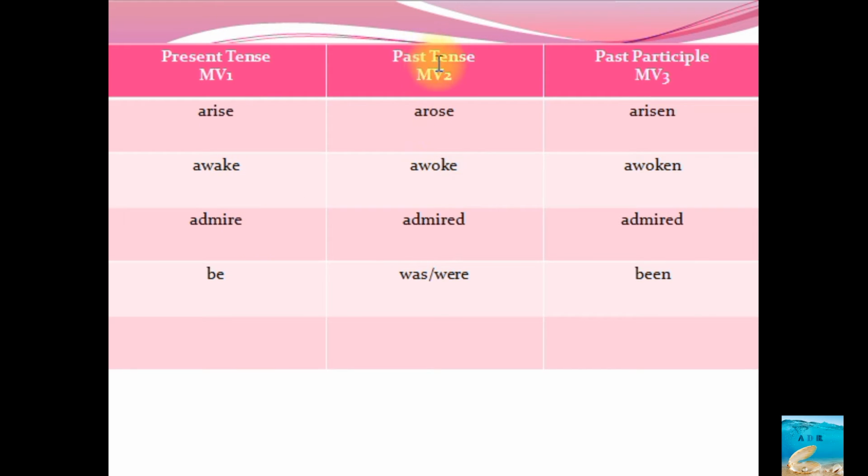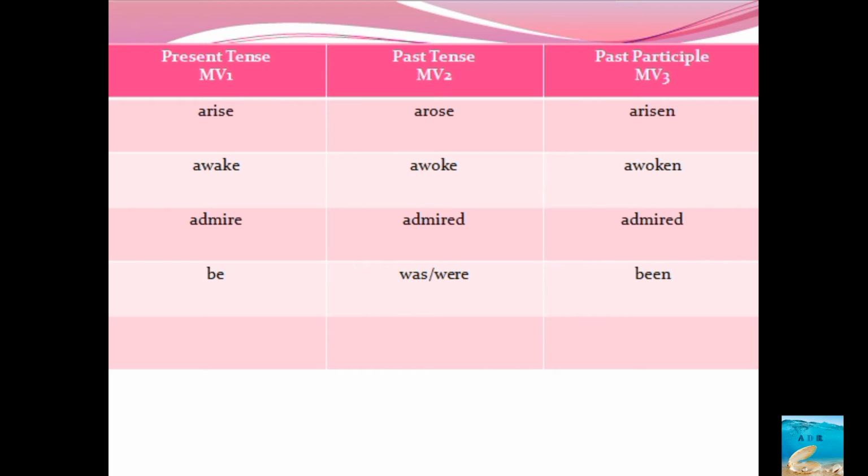M means main, V means verb, 1 is the first column. Main verb 2 is the past tense column. Main verb 3 is the past participle column. There are 3 columns under main verb: MV1, MV2 and MV3.